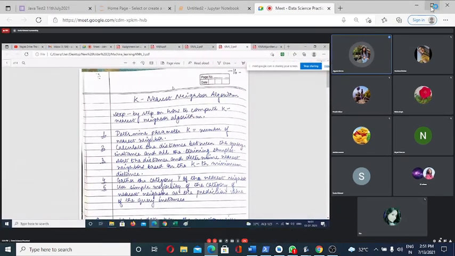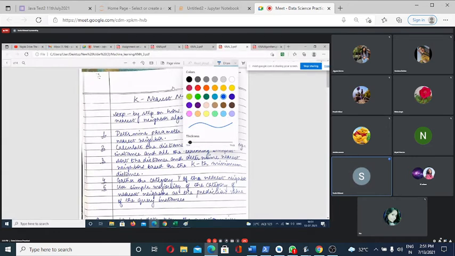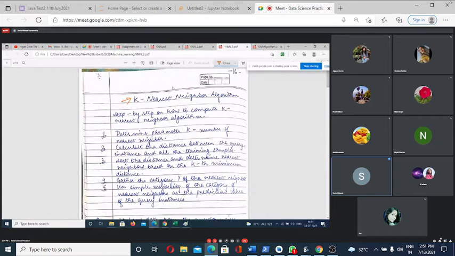Gather the category Y of the nearest neighbor. Use simple majority of the category of nearest neighbor as the prediction value of the query instances. Okay. So I don't know how many you actually read, but this is what is being asked. Let's go with this. K nearest neighbor.